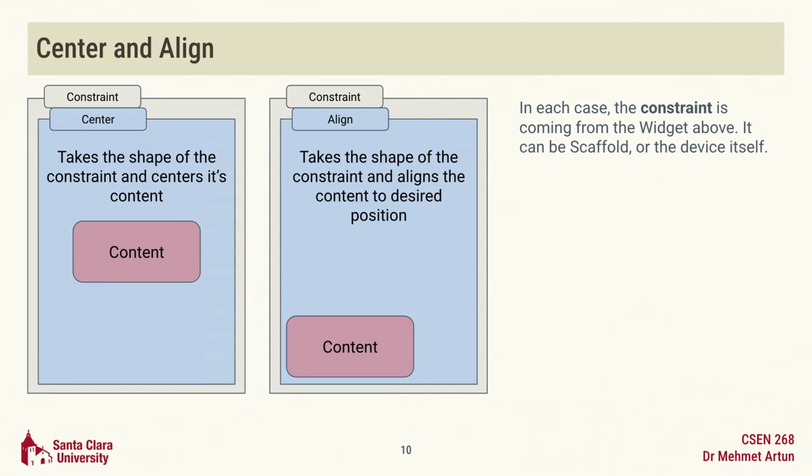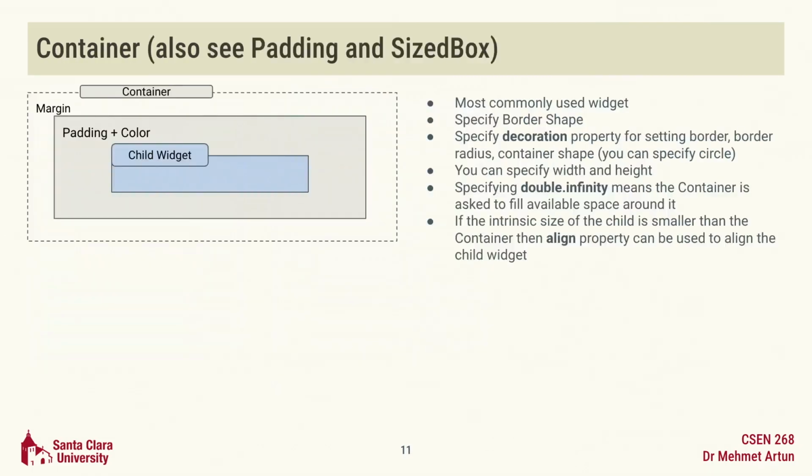And then anything you put inside it goes to the center of it. For align, it's similar, except that you have the chance to say, I want to go into the bottom left-hand corner, top right-hand corner, etc. So the align again fills the entire space, and then you select where you put it. Okay, so these are two widgets that occupy the entire space that they can.